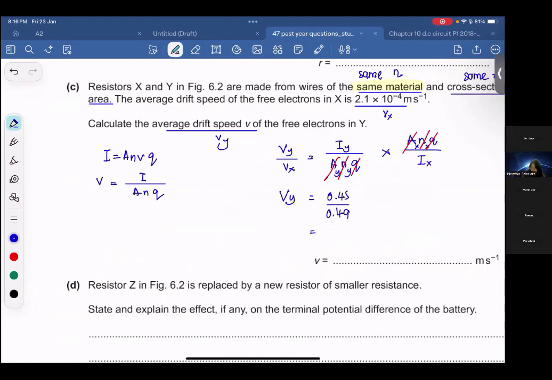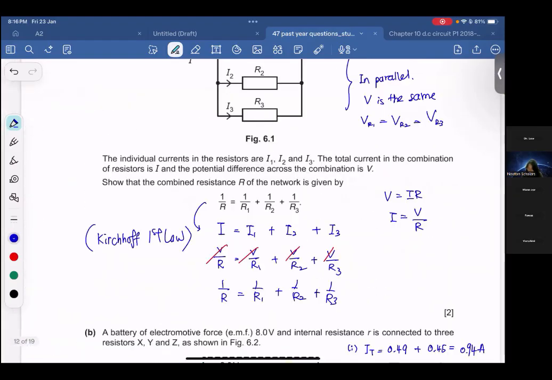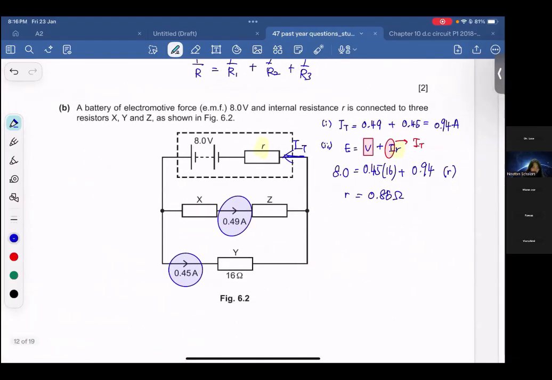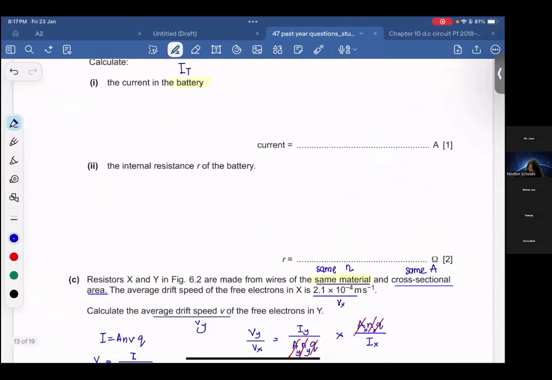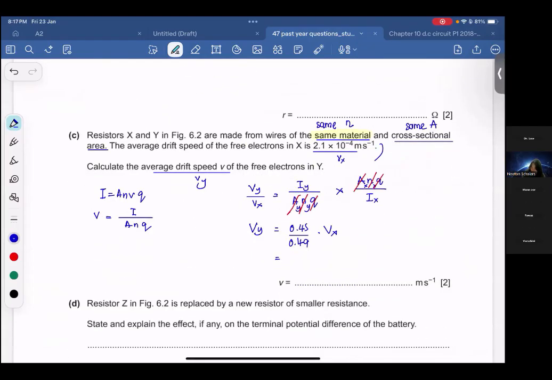Then this one is Vy over Vx, right? I move the Vx to here, times Vx. What is Vx, the voltage across x? Let me have a look. Oh, Vx is here, 2.1 times 10 power negative 4. So your answer should be 1.9 times 10 power negative 4 m s negative 1.